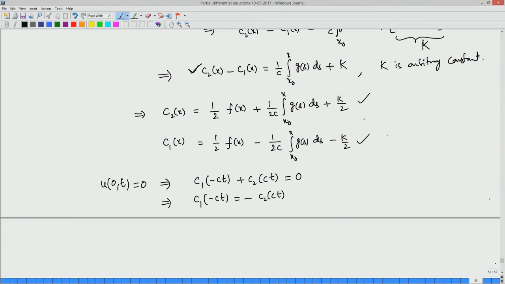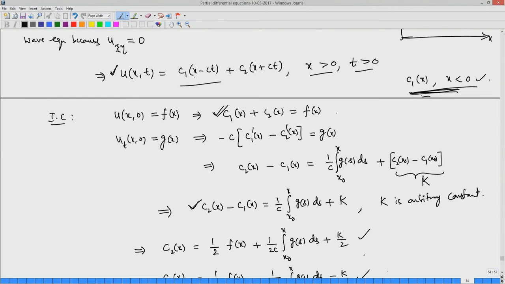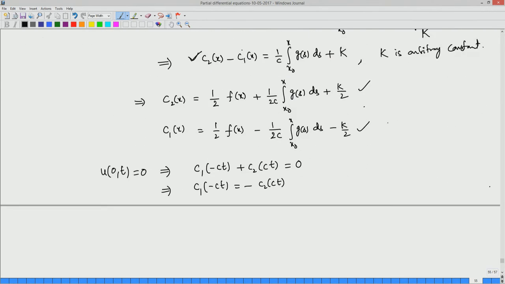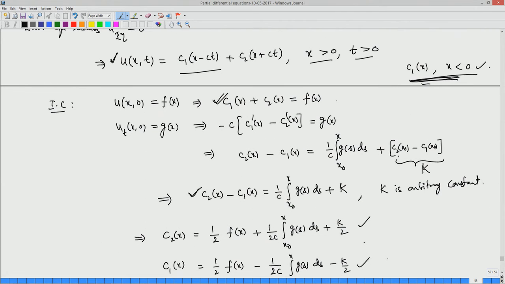Okay. So, you want basically in your solution u of x, t, C1 of x minus Ct. So, this is like C1 of xi, if you call it xi, not xi, let us say some other variable, some L. C1 of L is minus C2 of minus L. So, in the place of L, what you actually require for the general solution is C1 of x minus Ct.